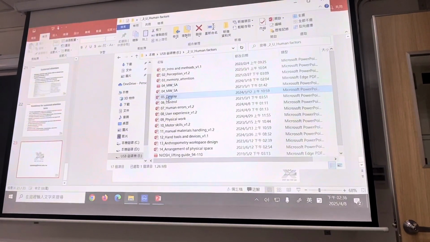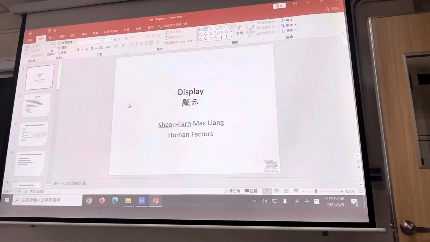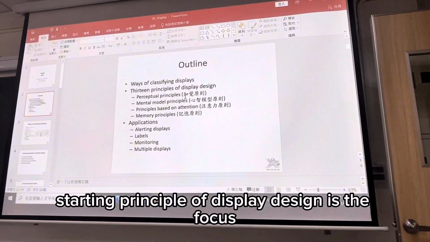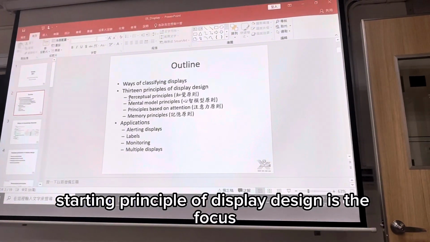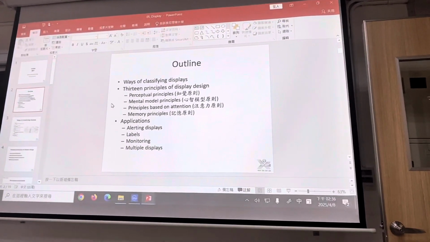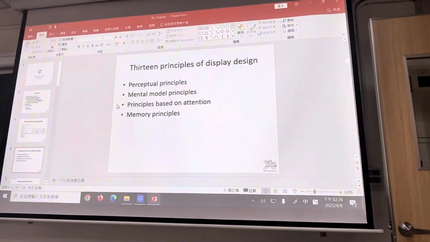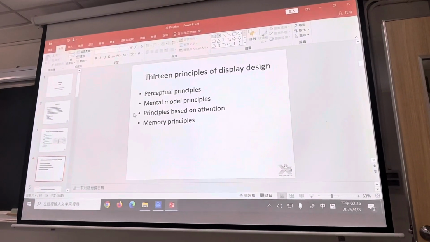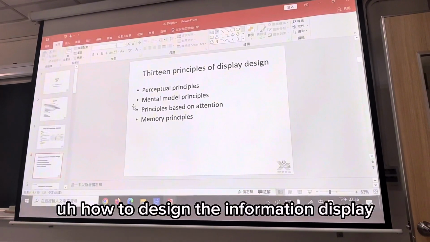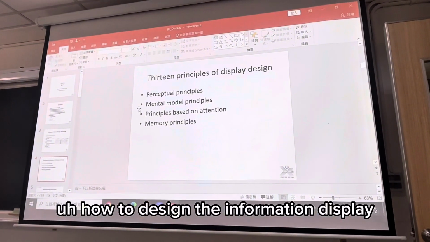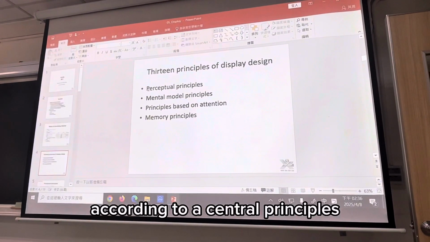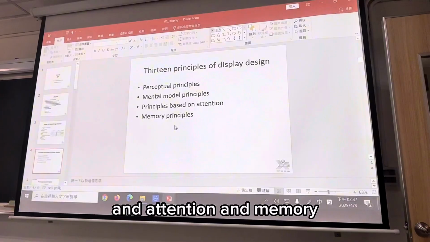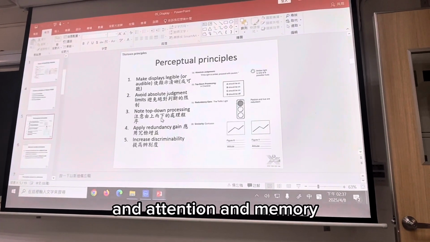Then display. For display, we have homework. So the 13 principles of display design are the focus. That means you need to have a general idea about how to design the information display according to perceptual principles, mental model principles, and attention and memory principles.